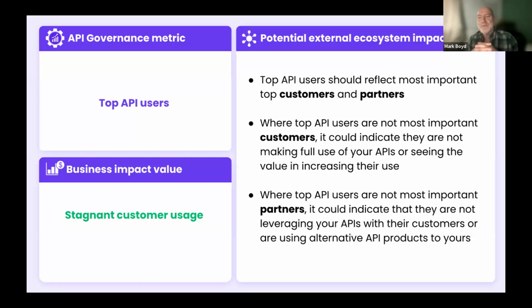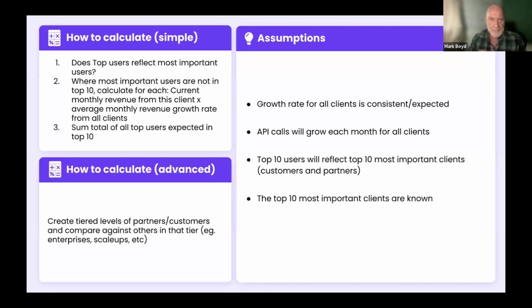So that's a risk, as you're possibly going to lose them in the future, or you're not getting the full partnership value if they're partners. So here, you want to make sure your customers are getting the full use of your APIs, and the partners are actually offering your APIs to their customers, and not starting to build with alternative API products.